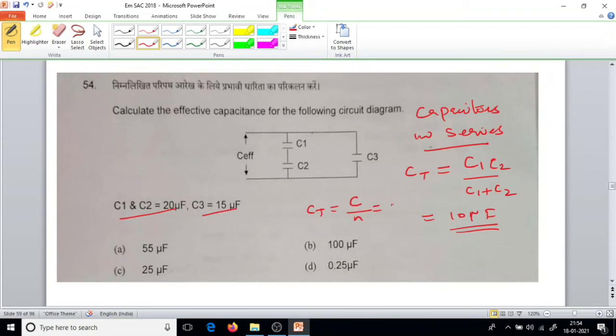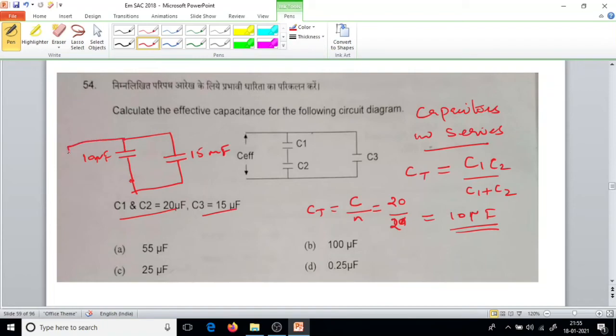Two equal capacitors connected in series, so 20 divided by 2 equals 10 microfarad. This 10 microfarad is in parallel with the C3 value of 15 microfarad.